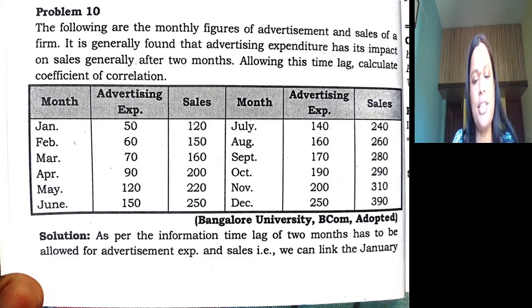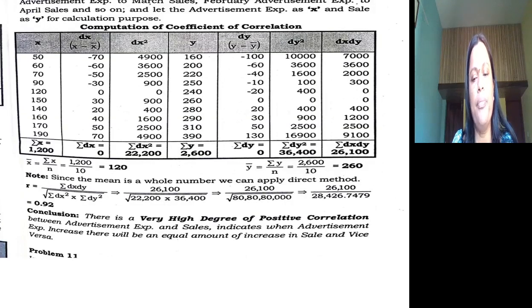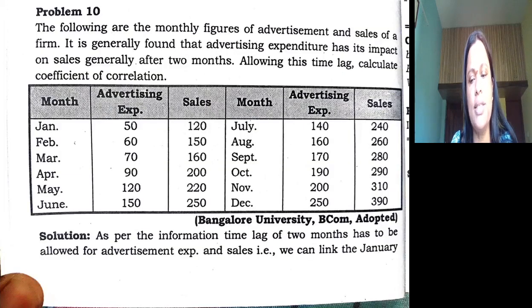Advertisement expenses are given: 50, 60, 70, 90, 120, 150, 140, 160, 170, 190, 200, 250. So totally January to December, 12 months of advertisement expenses are given.